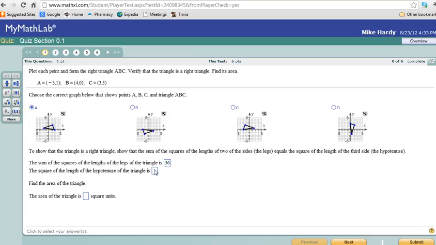The square of the length of the hypotenuse of the triangle, I'm going to say that is 25, because I know it has to be less than the sum of the squares. Or no, it better be 36 as well, because it should be equal to the sum of the squares of the lengths. Okay, find the area of the triangle. The area is 72 square units. Okay, we're going to be wrong on that, but that's okay.